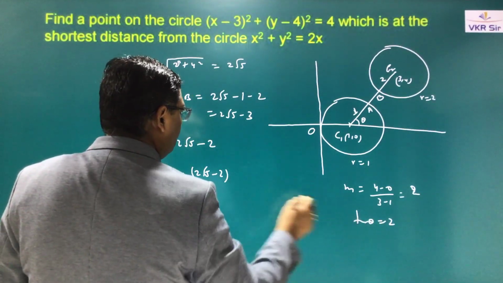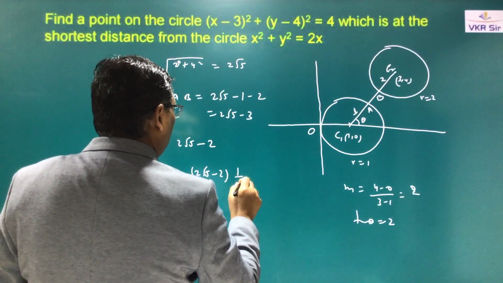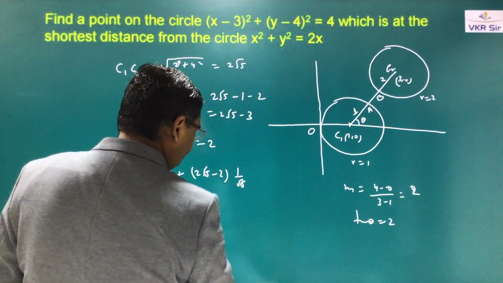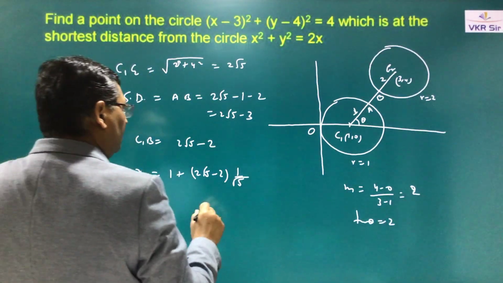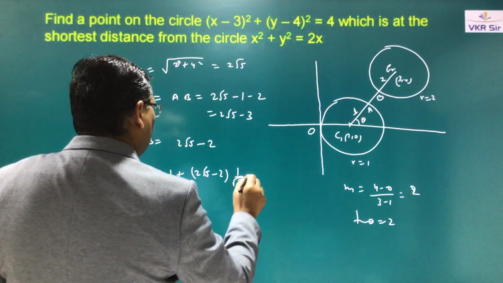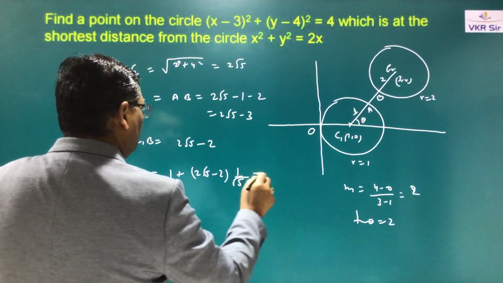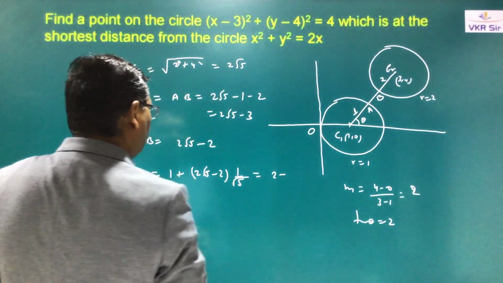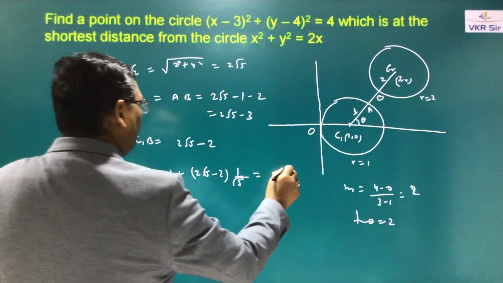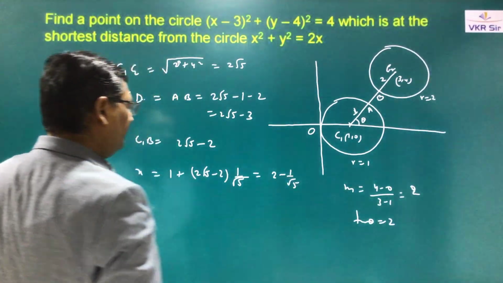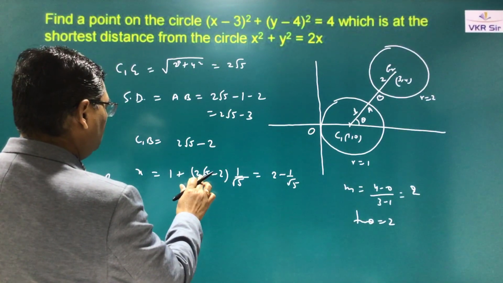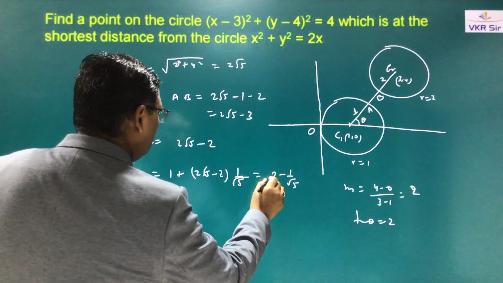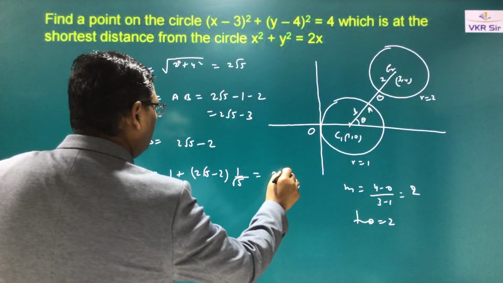Cos theta is how much? 1 by root 5. So we can simplify this. How much are we getting? 2 minus 1 by root 5. No, this is not 2, this is 2 plus 1, 3. So 3 minus 2 by root 5.